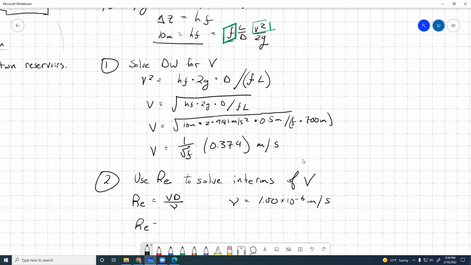So Reynolds number is equal to 0.5 meters times velocity, divided by the kinematic viscosity in meters squared per second.